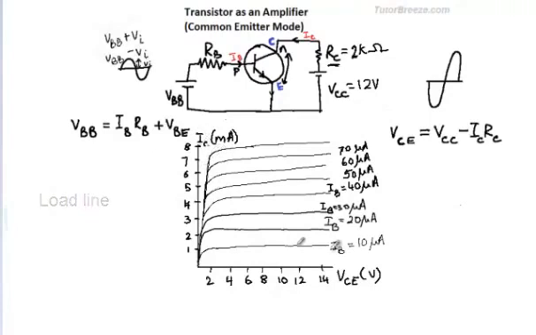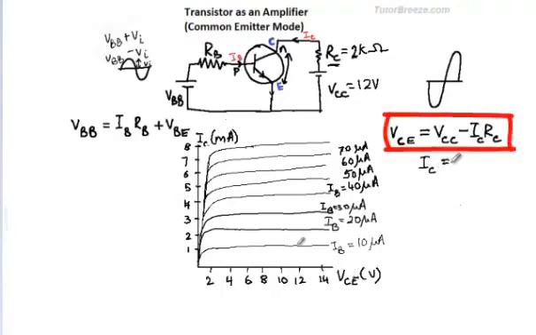To find the point where it cuts the x-axis, we'll put IC equal to 0 in this equation, and that gives us VCE equal to VCC, which in our case I've assumed a value of 12 volts. So one is this point over here. Next, to find a point on the y-axis, I'll put VCE equal to 0.